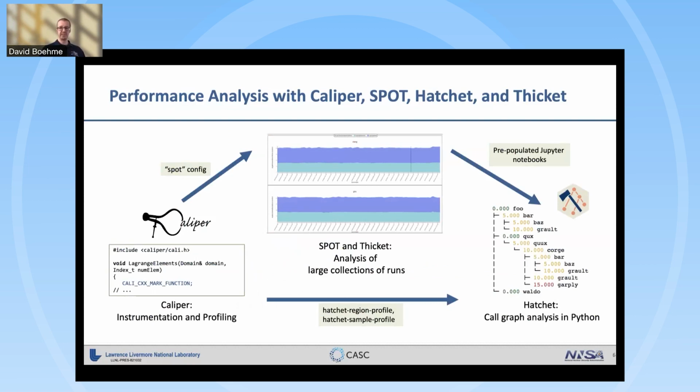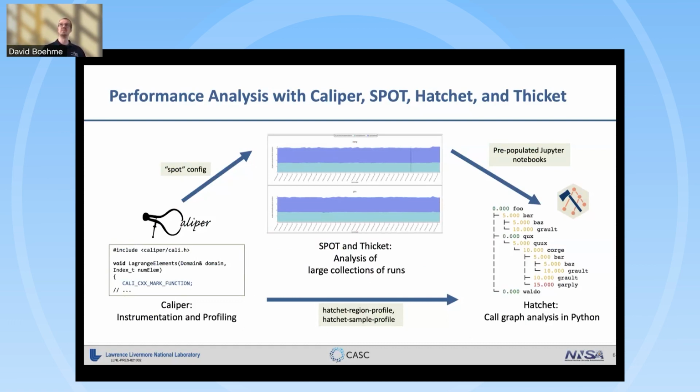So to that end, Caliper fits into a larger tool ecosystem that we have developed at Livermore, together with Spot, Thicket, and Hatchet. So Spot is actually kind of a web framework that we use for analyzing a large collection of runs, like for our nightly regression testing. Thicket kind of follows up on Spot in the same realm.